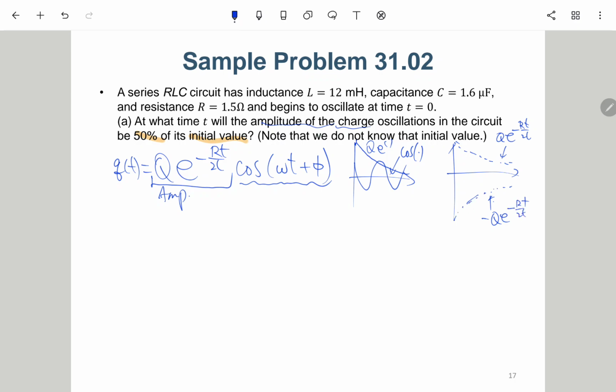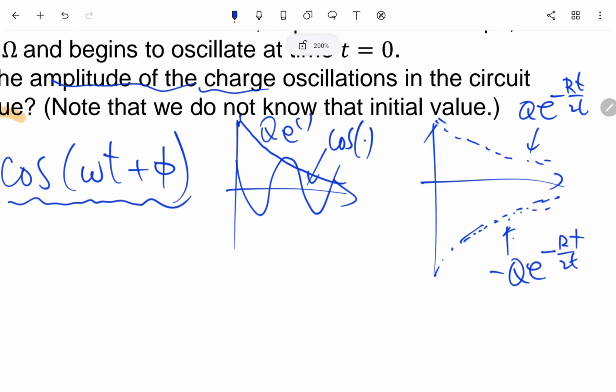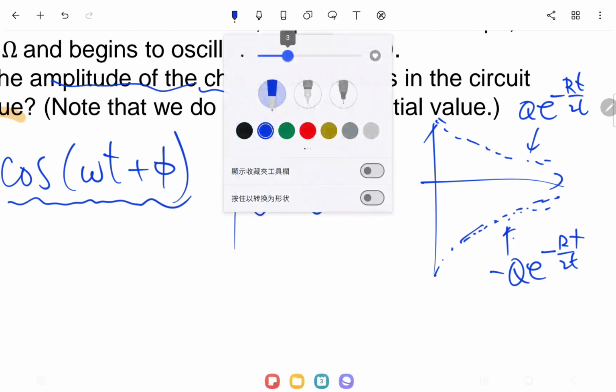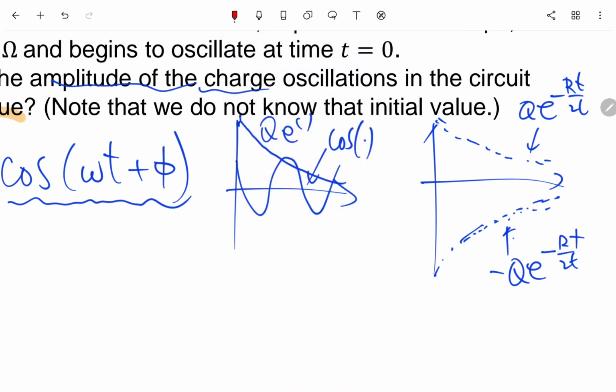They are mirror images. Multiplied together, it will be like a cosine bounded by this envelope. It looks something like this.